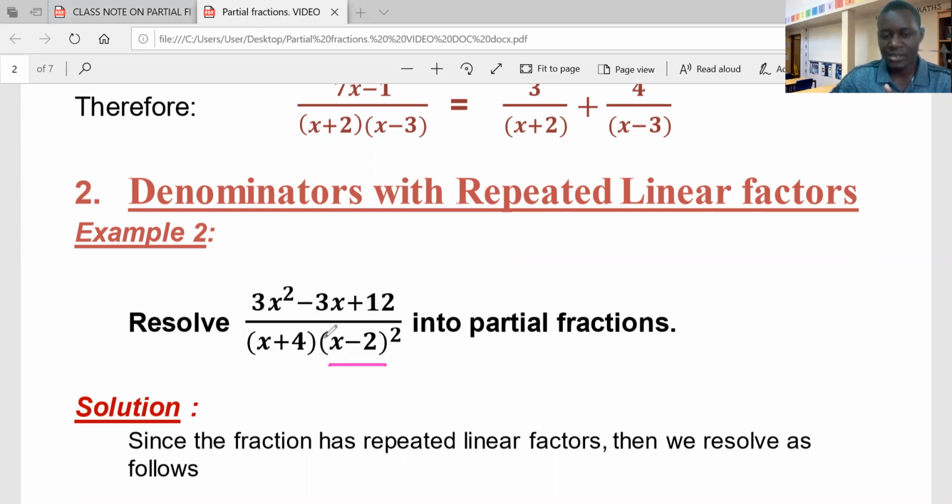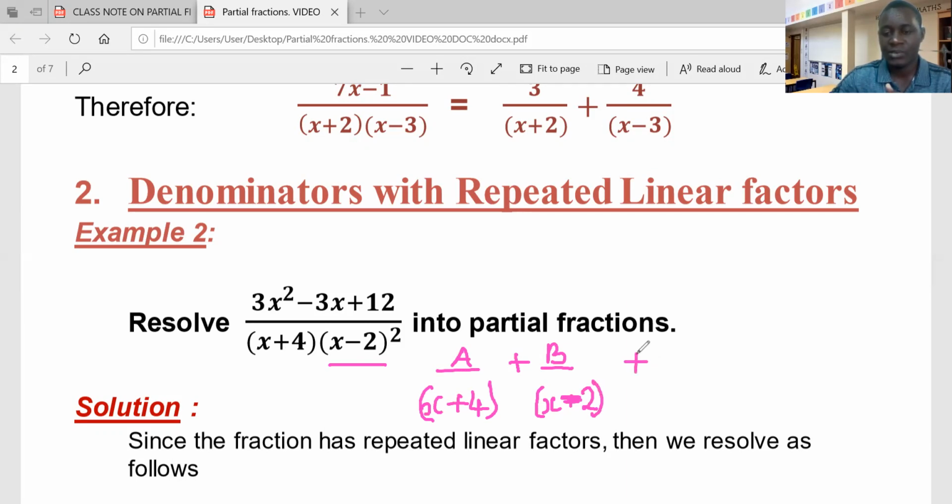So what we mean is that this would be written as a over the first linear factor, x plus 4. So I have written that as the first part. Then the other part that is repeating will have the form b over x minus 2. X minus 2 is repeating itself twice, so the first part has the power 1. Sorry, this is supposed to be x minus 2 to the power of 1.